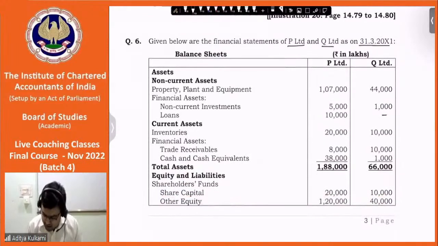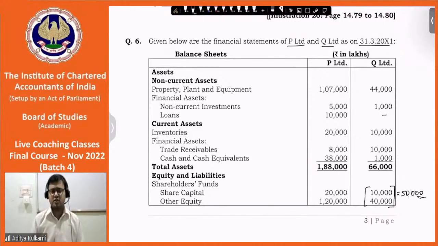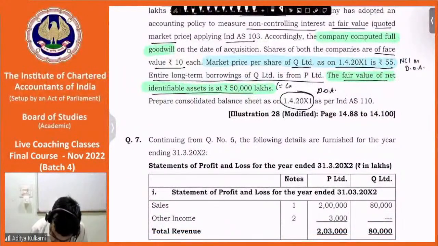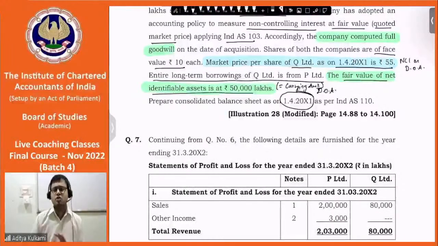That is essentially shareholders' capital and other equity. Both of them are 50,000. So in this question, though you are given the fair value, it is nothing but equal to the carrying amount. No change in this.